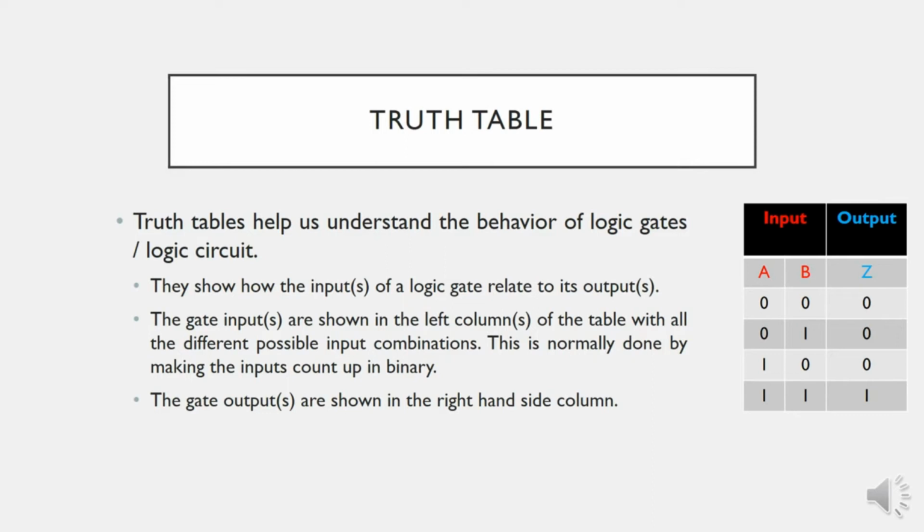Just for a recap, the truth table here shows a logic circuit with two inputs, A and B, and one output Z. Normally in a truth table, the inputs will be on the left side and the output will be on the right side.